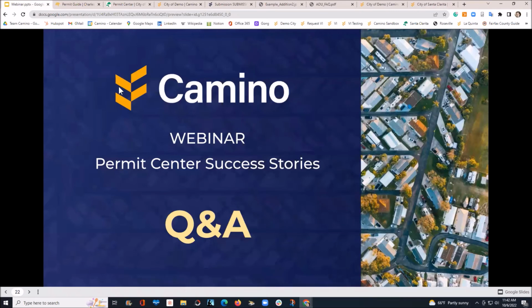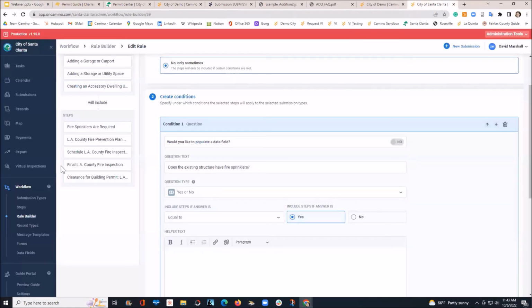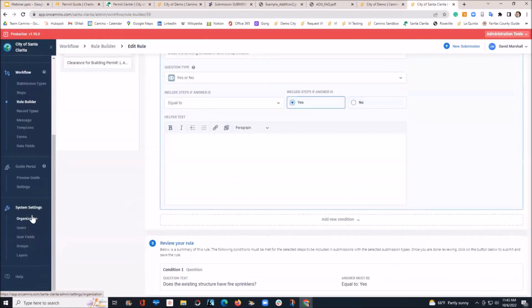Here's another question in regards to, is there a limit to the number of staff for admin? And there is none, as many people as you're comfortable. One of the things also that I can share with you is you're in control of your users, right? So you have the ability to add users, delete users, and you have unlimited users, right?